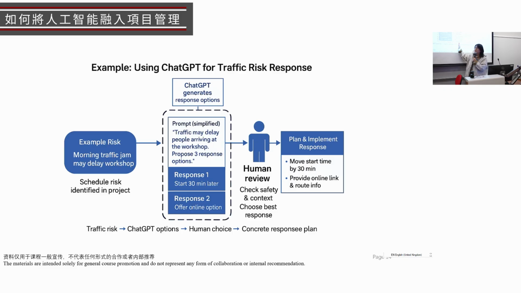And then we go into the next step. We need a human to review these different responses. If it fits the ethical issues or satisfies our requirements, that means we will accept the AI tool's decision, and then we go into the next stage.